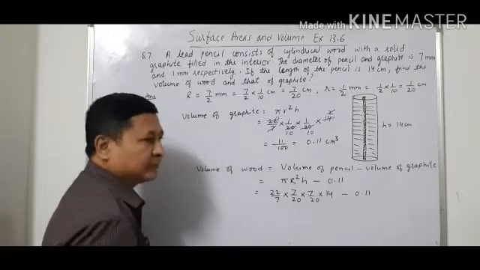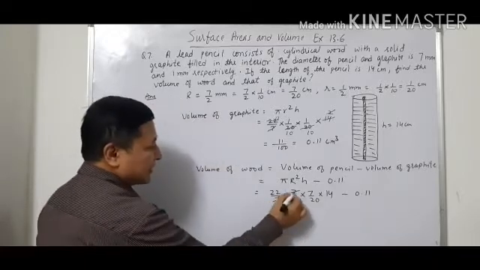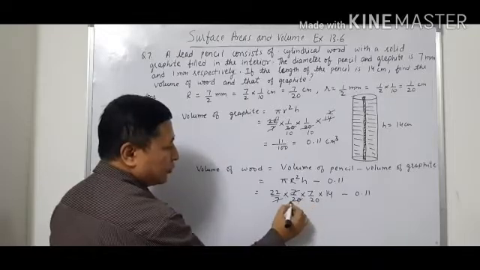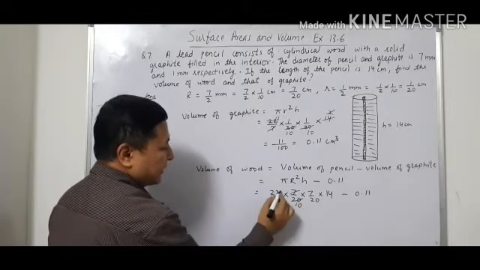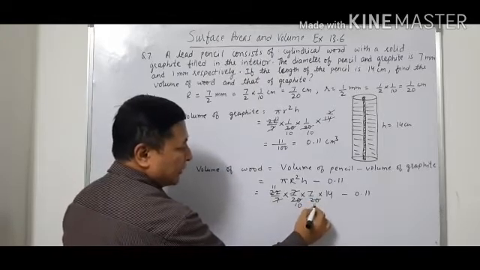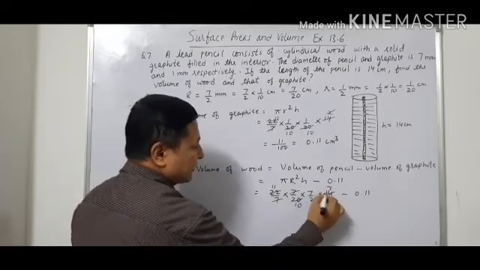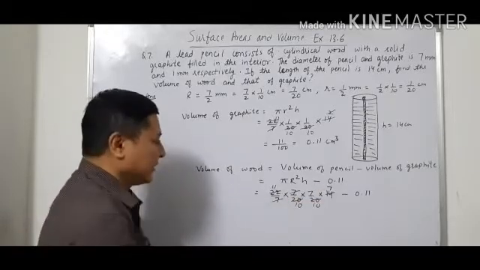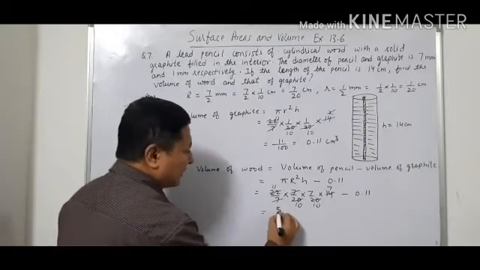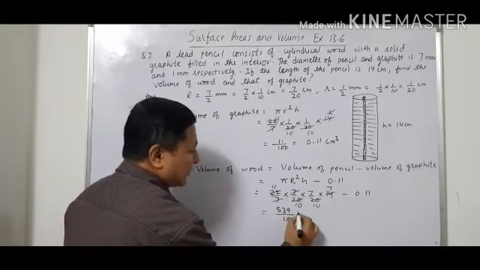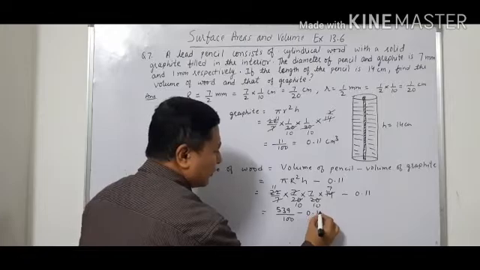So now let us solve this. This will cancel with this. Then we have 2 tens, and here it is 11. Again 2 tens, and here it is 7. So now 11 into 7 into 7 is 539 upon 100 minus 0.11.